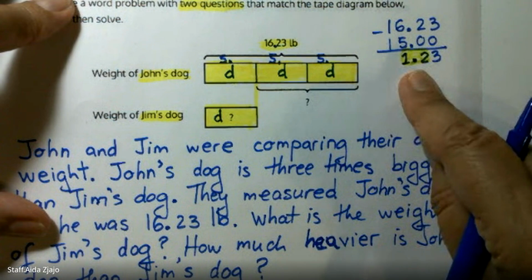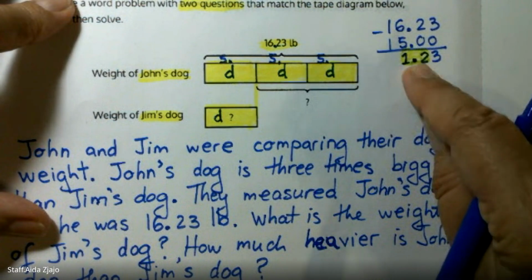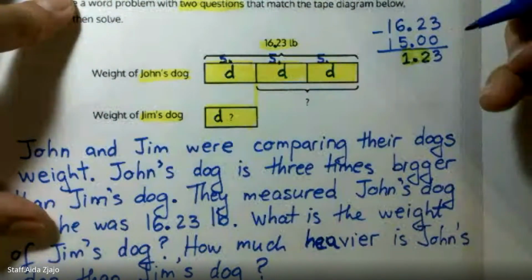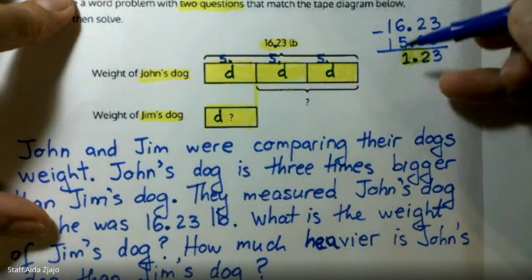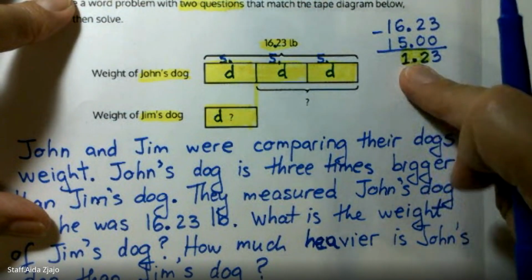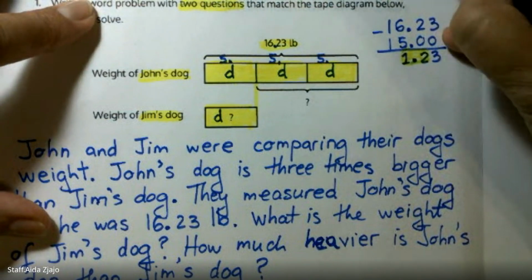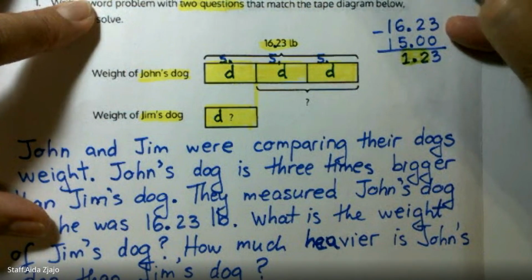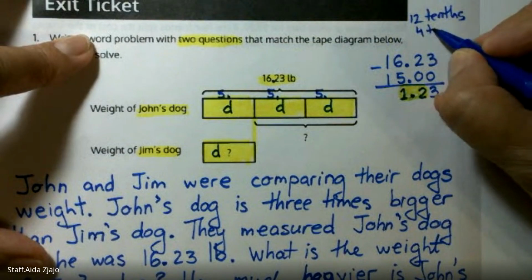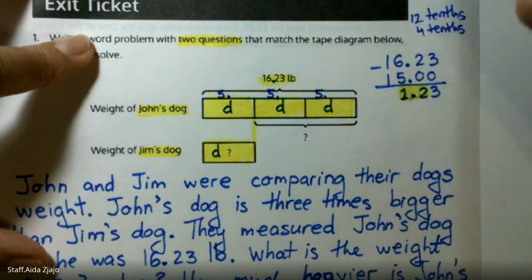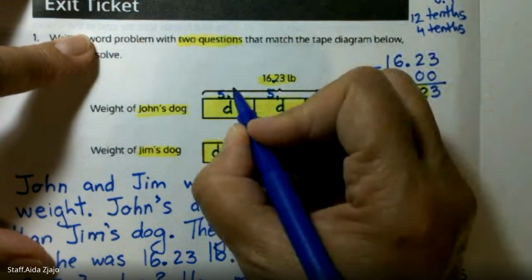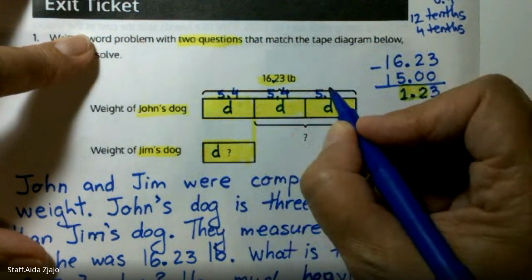In terms of 12 tenths, 12 divided by 3 is 4, because 4 times 3 is 12. So each will get 4 tenths, which is 0.4. I already have 5 wholes, so I can add 4 tenths to each.